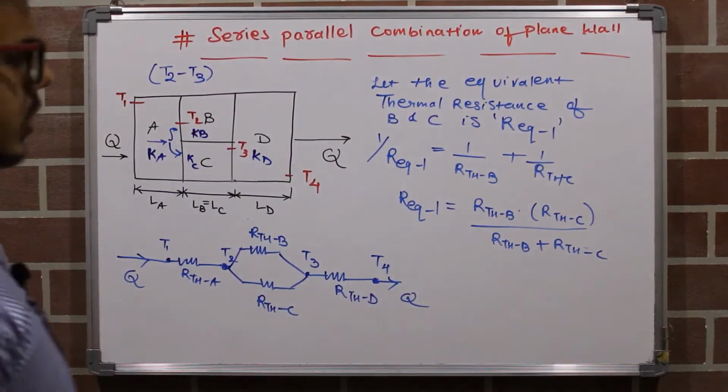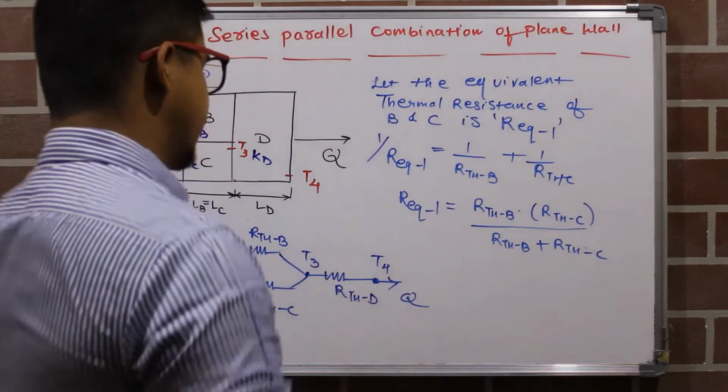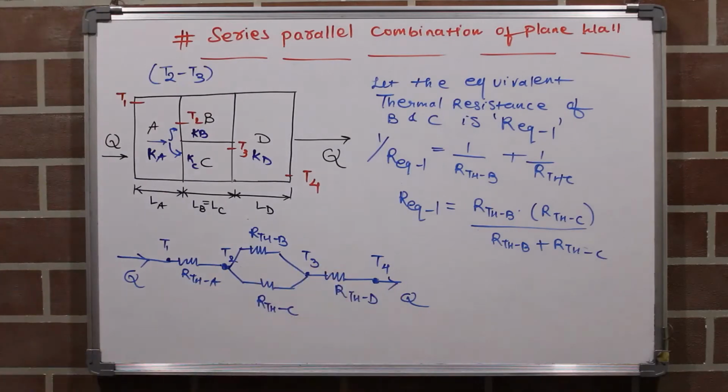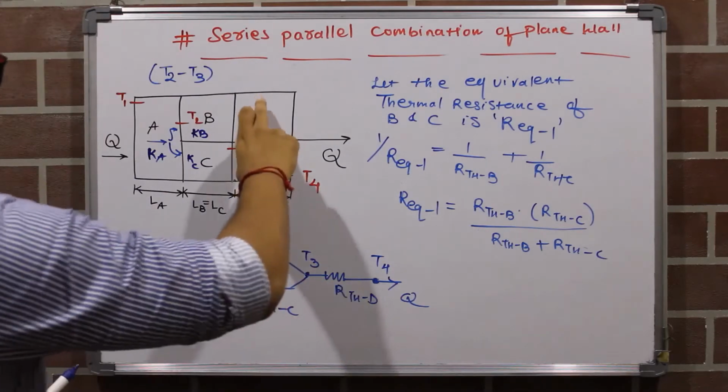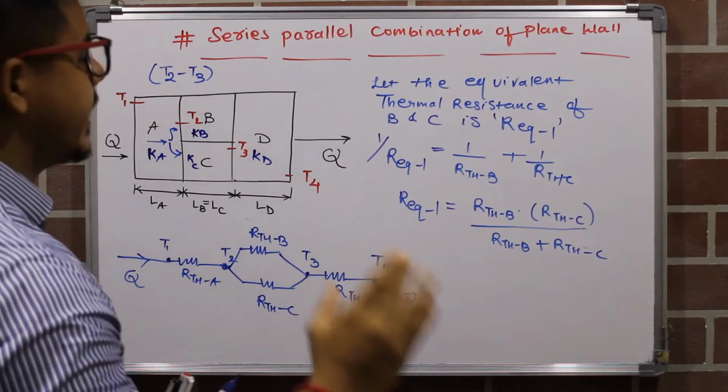Now we have to put in the formulas. What is the formula for thermal resistance for a plane wall? It is L by KA.